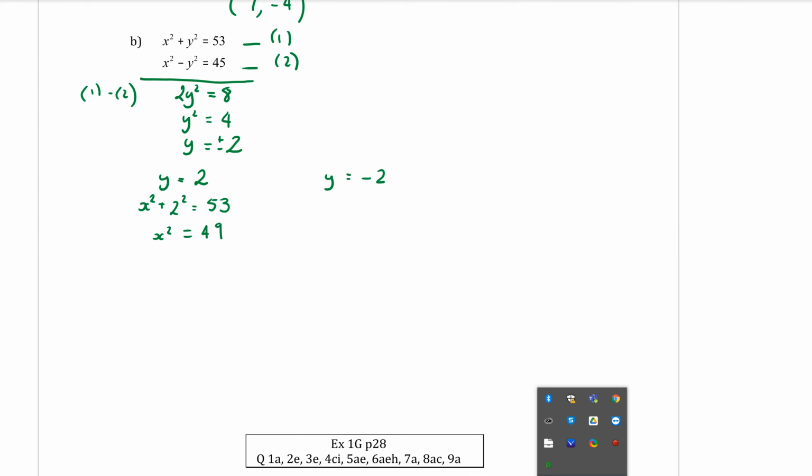And when I square root that, what do I get? Plus or minus 7. Do you know what that means? I've actually got x is a plus 7 and y equals 2. X equals a minus 7 and y equals 2. I get 2 points just from that one.